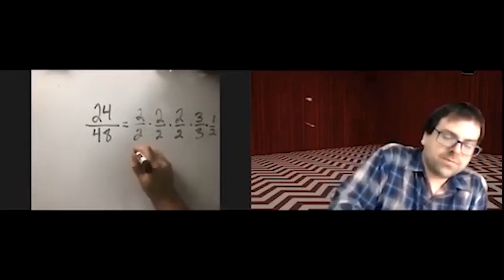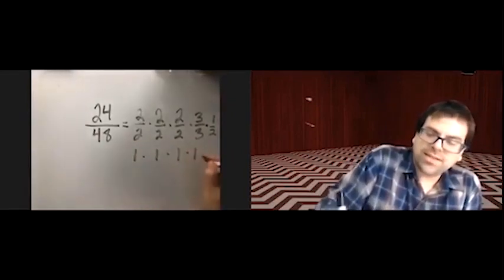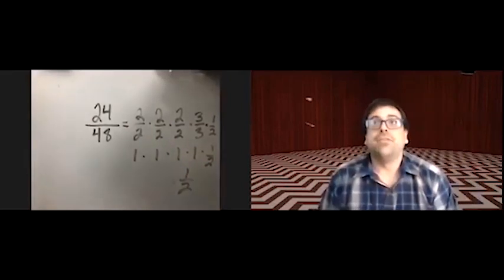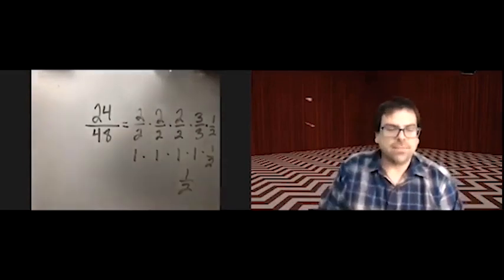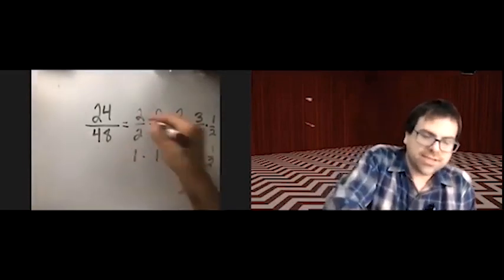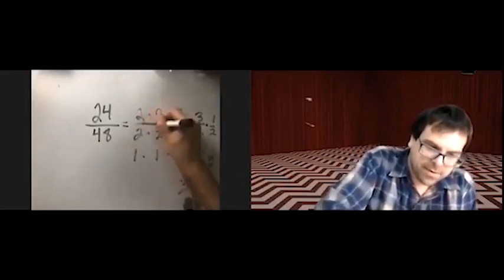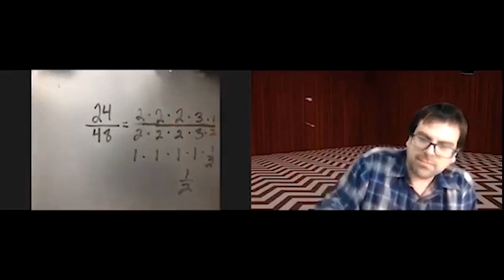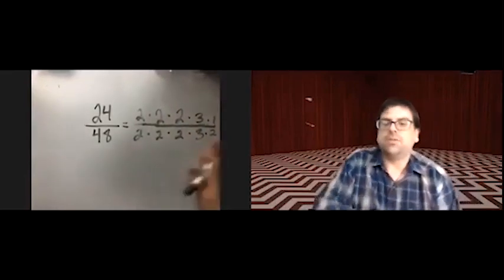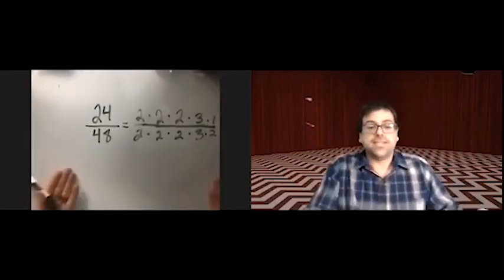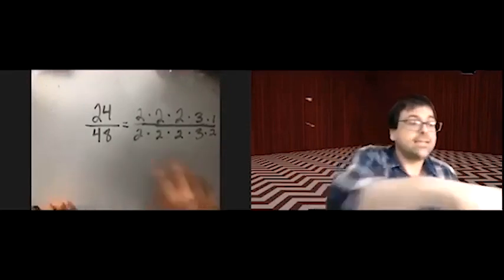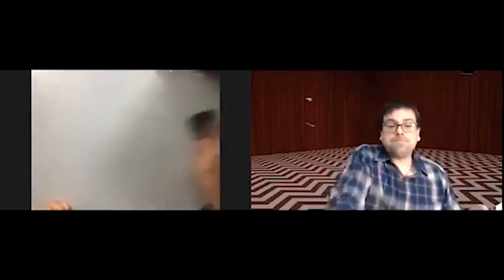And then this becomes 1 times 1 times 1 times 1 times 1/2, which is just 1/2. So that's what's at play here. Multiplying two fractions is exactly the same as multiplying across the top and multiplying across the bottom. This is an extreme example that I wanted to use to show why simplifying works.